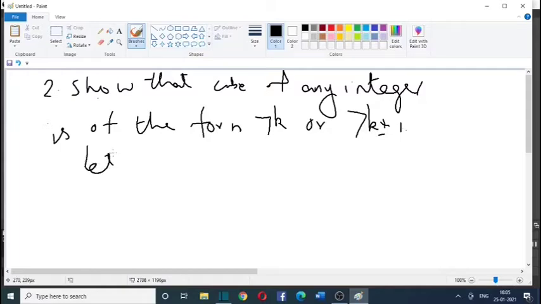Let the solution be: let a be any integer.